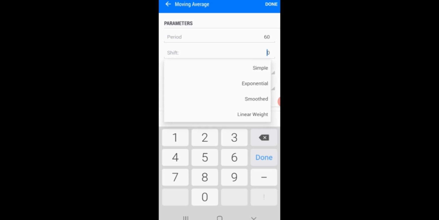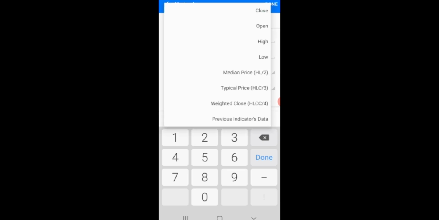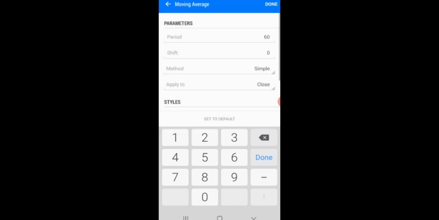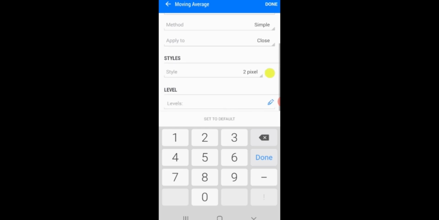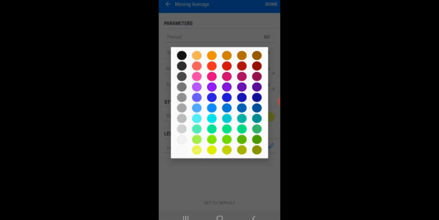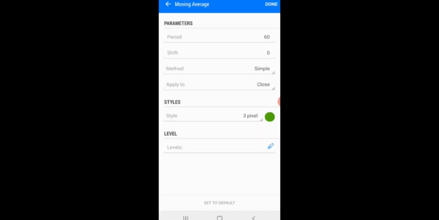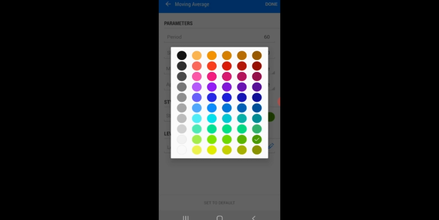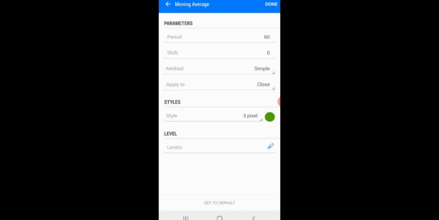Method simple, apply to close. Then the style 3 pixel. This time we won't use yellow, let's use green. Then you click done.